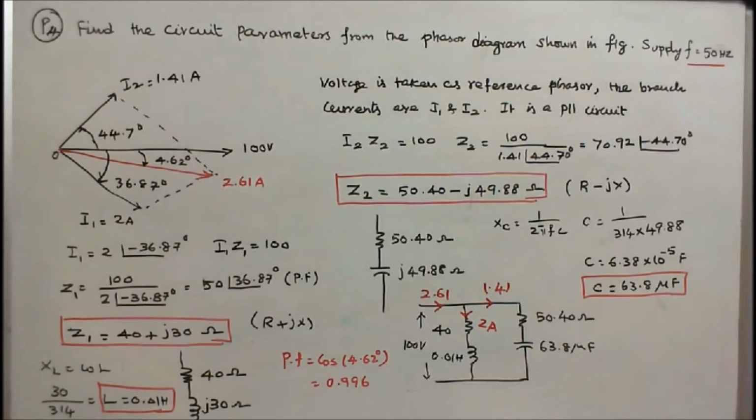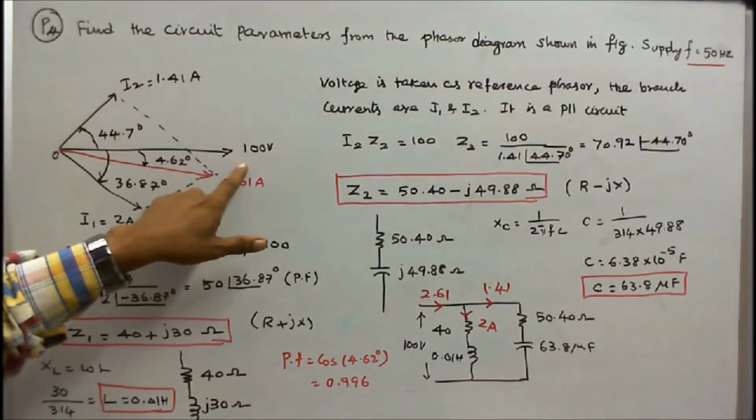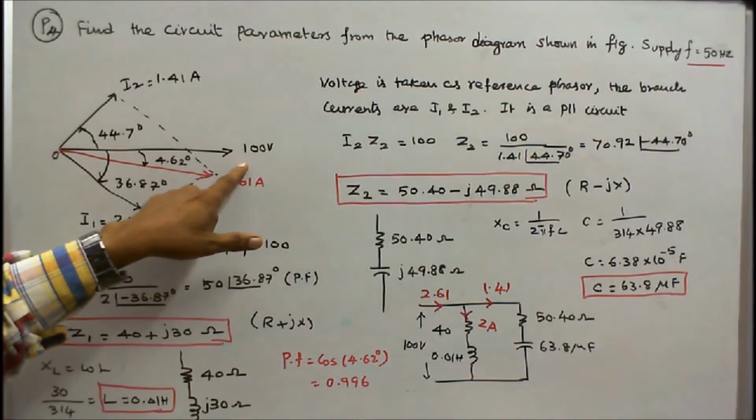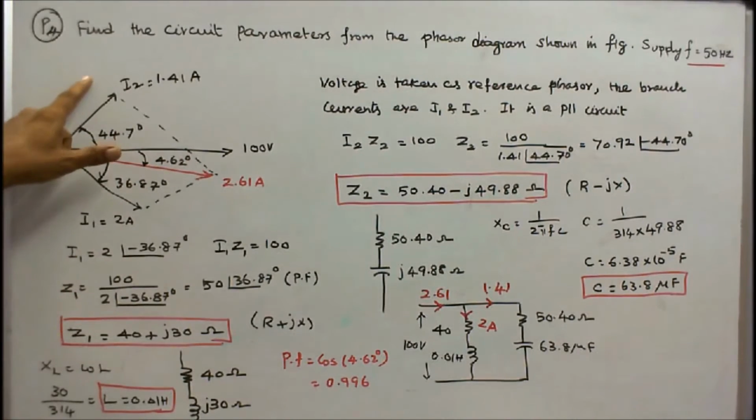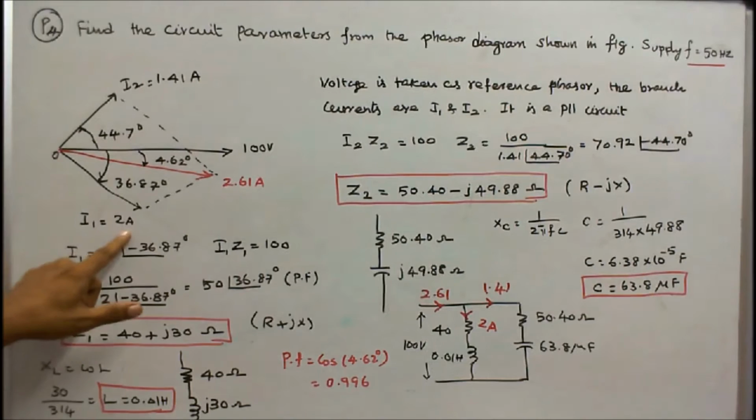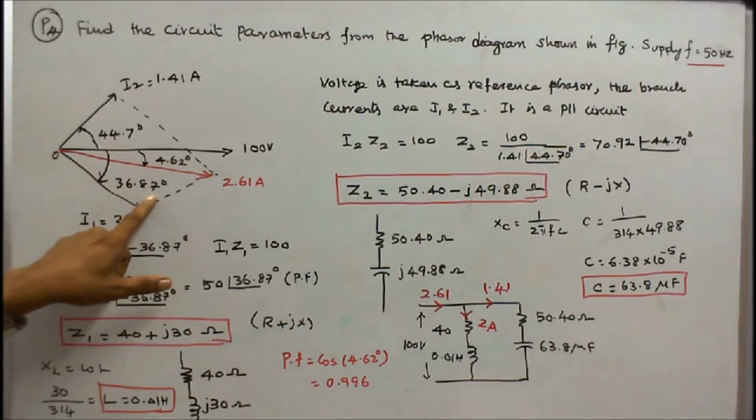Problem number 4. Find the circuit parameters from the phasor diagram shown in figure. Supply frequency is equal to 50. Supply voltage is given 100. Voltage is taken as a reference phasor. The branch currents are I1 and I2, hence it is a parallel circuit. I1 is equal to 2 amps, lagging 36.87 degrees.